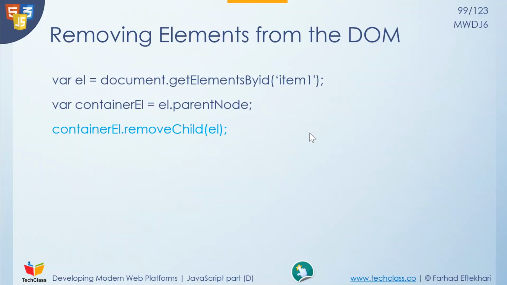So the point is first assign the child to a variable, and then assign the parent of the child to another variable, and then by accessing that parent and mentioning the variable name for the child, you can use the removeChild method, and then easily it will be removed. You can also try this code by yourself.